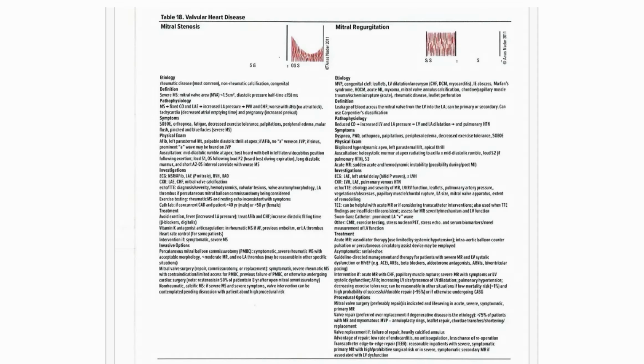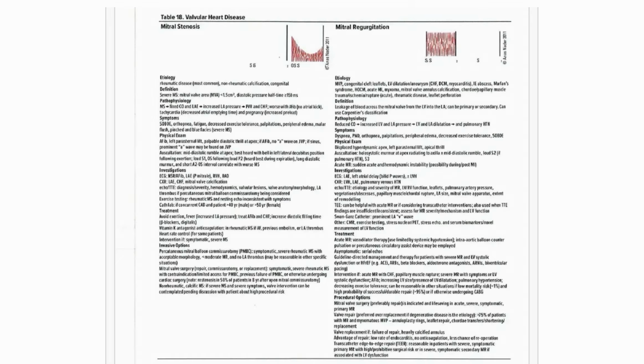According to the table, regurgitation causes reduced forward cardiac output, increased left ventricular pressure, increased left atrial pressure, progressive dilation of both chambers, and pulmonary hypertension. Symptoms. Symptoms listed include dyspnea, orthopnea, paroxysmal nocturnal dyspnea, palpitations, peripheral edema, and reduced exercise tolerance.